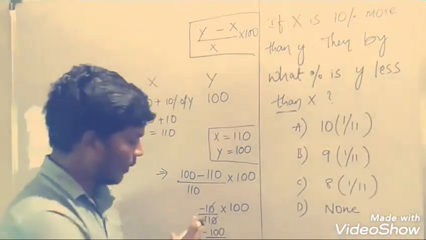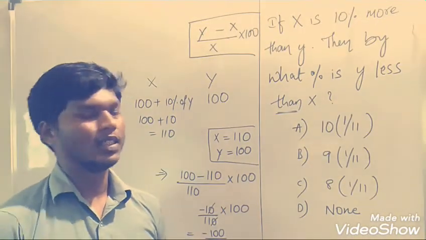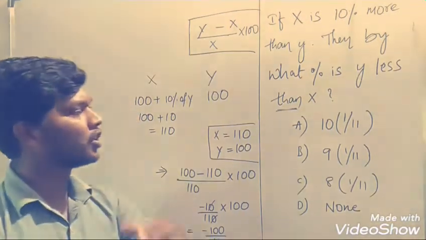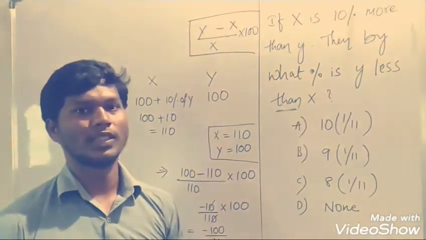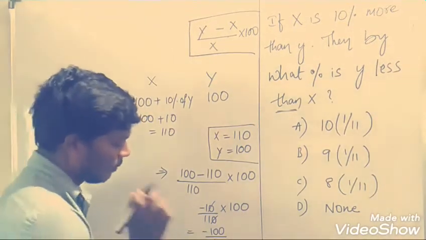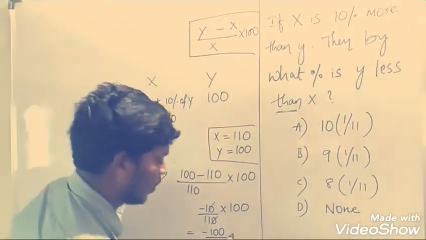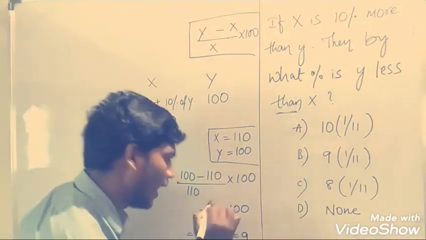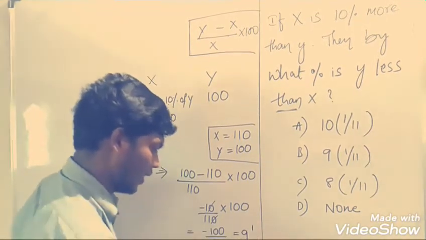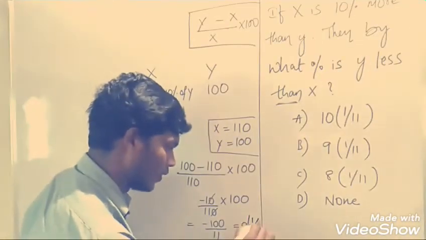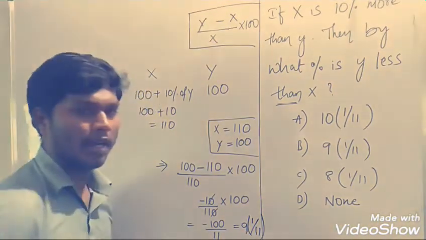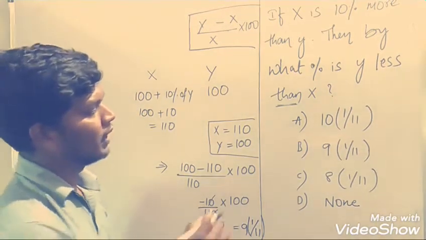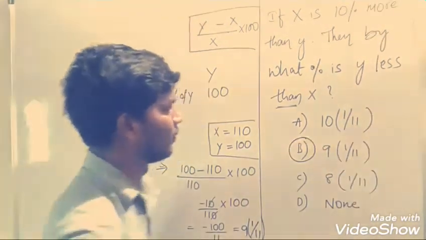Here the minus symbol indicates less than; whenever we get the plus symbol, it is more than. In the question, less than is given, so that is why we got a negative value. Now 100 divided by 11: 11 nines are 99 and the remainder is 1 by 11. So 100 by 11 is 9 1 by 11, so I think option B is our required answer.